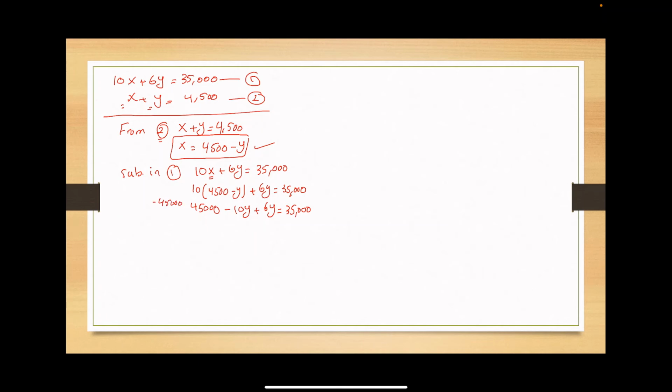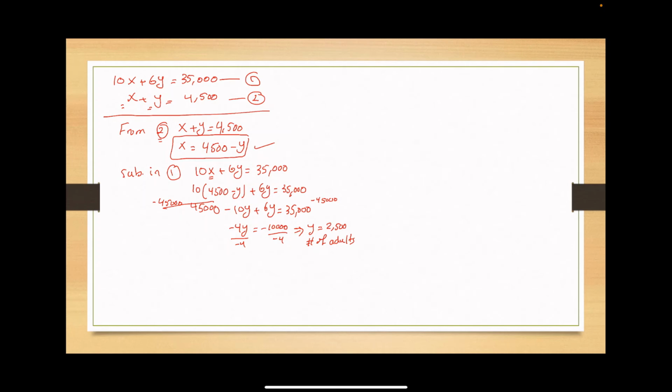This will cancel. Negative 10y and 6y will give us negative 4y equals 35,000 minus 45,000, which is negative 10,000. So divide by negative 4 on both sides. So y in this case is equal to 2,500. And this y is the number of adults.